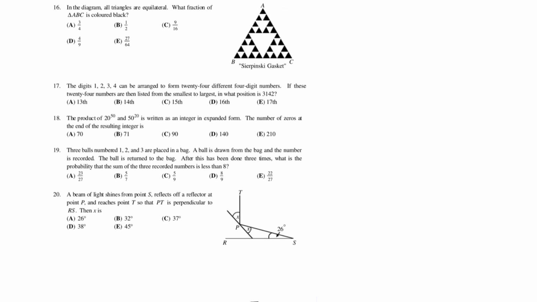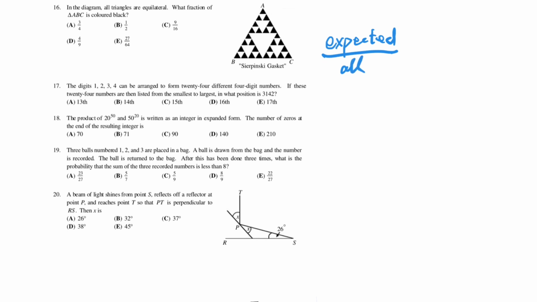Number 16. In the diagram, all triangles are equilateral. What fraction of triangle ABC is colored black? So we know the fraction, we use the expected over overall.